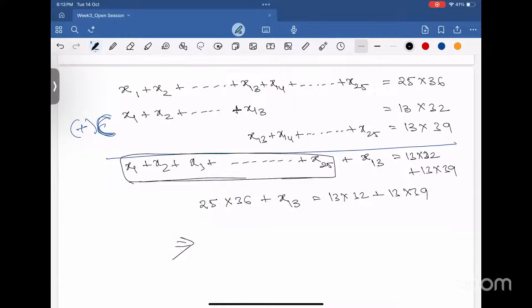From here, we can get our 13th observation, x13, as 13 into 32 plus 13 into 39 minus 25 times 36. I think you can do that computation and you'll end up getting the correct answer. Clear? Is this okay?